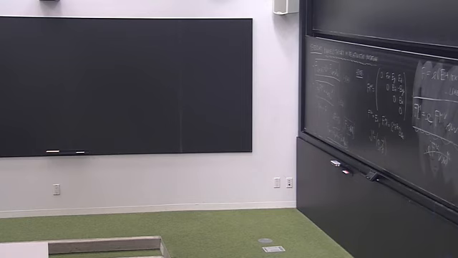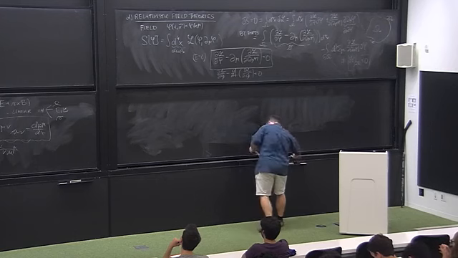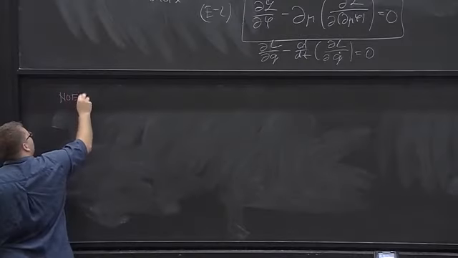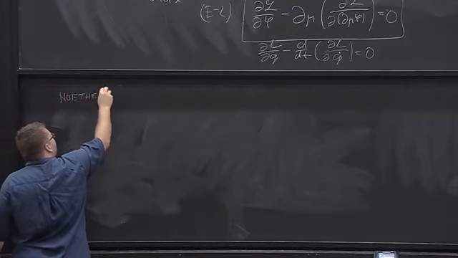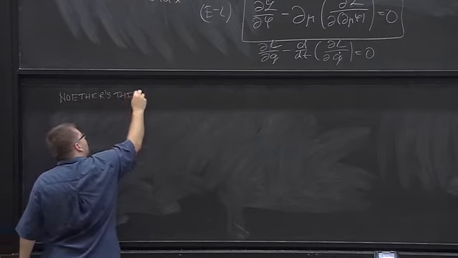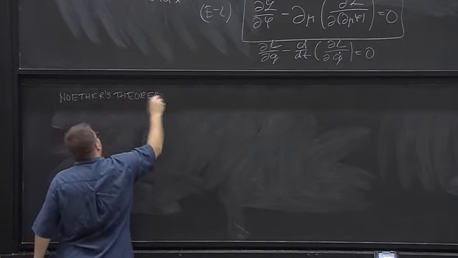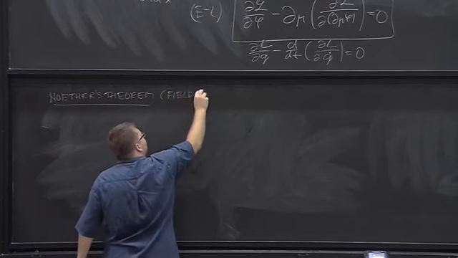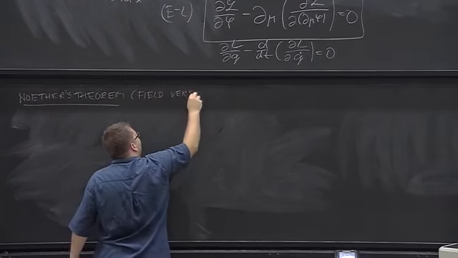Okay. So Noether's theorem. It will be the field version, which is probably version number 5.